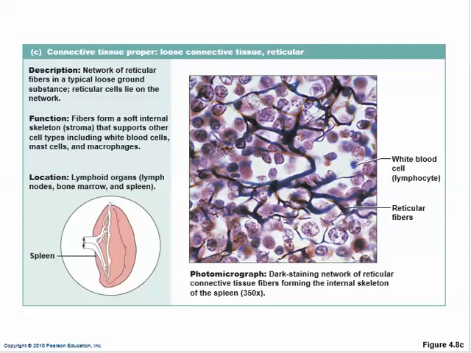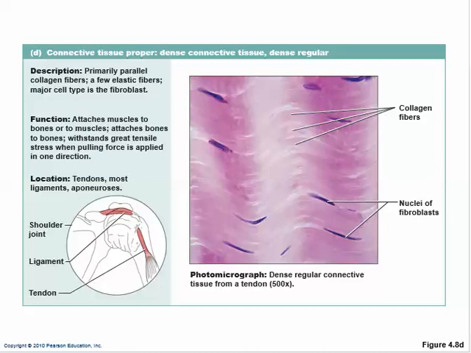Loose connective tissue reticular, again, you're seeing the reticular fibers in black here, and a few cells, lots of white blood cells and stuff in the spaces. We see this in places like the spleen and in the appendix, thyroid, or thymus, places like that. Dense regular, all the collagen fibers are packed together, and they're all running parallel to one another.